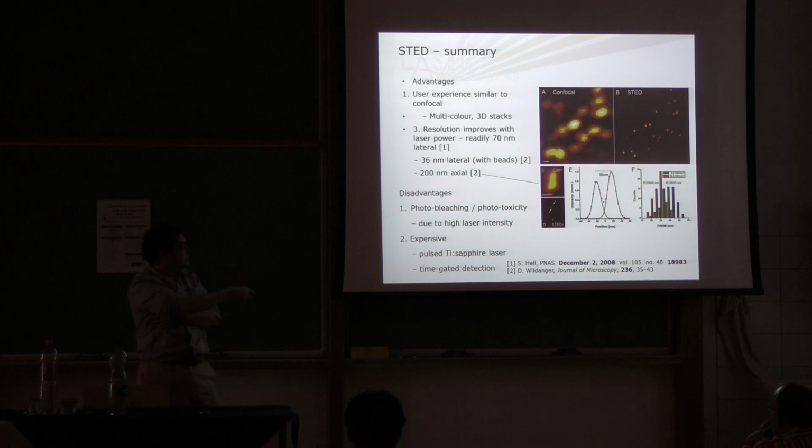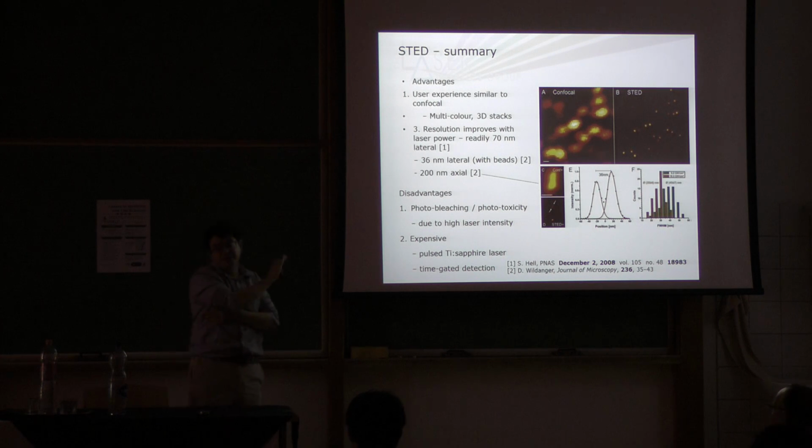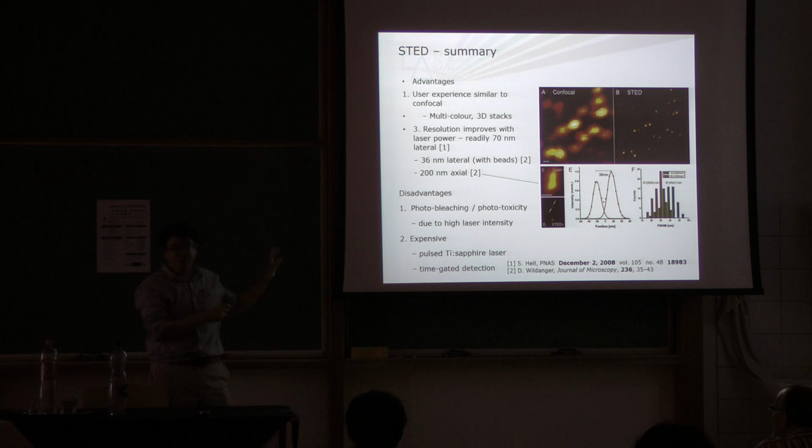So that says that even with a bead spacing of 40 nanometers, you still have the ability to resolve them apart. So that means that with STED we can access the single protein dynamics level of length scale. And we can do that using a light microscope, so we can do that in living cells.